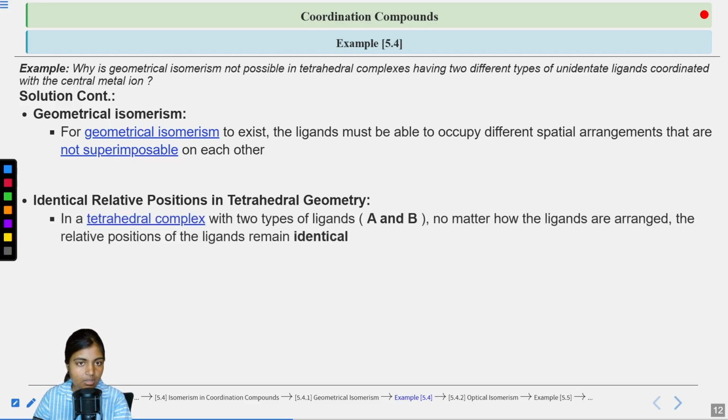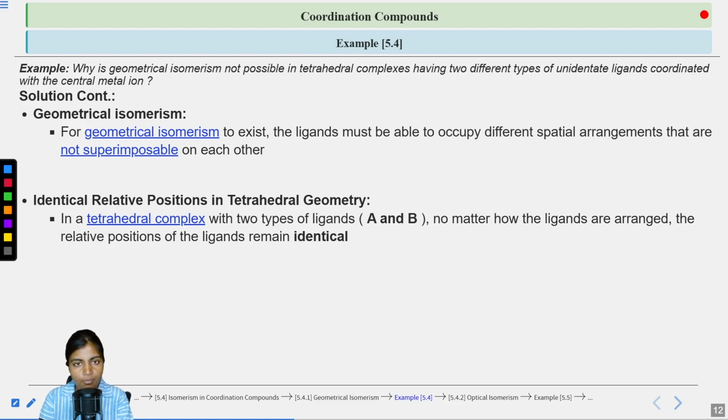In a tetrahedral complex with two types of ligands, let's say A and B, which we are considering as of type Ma2b2, no matter how the ligands are arranged, the relative positions of the ligands remain identical.